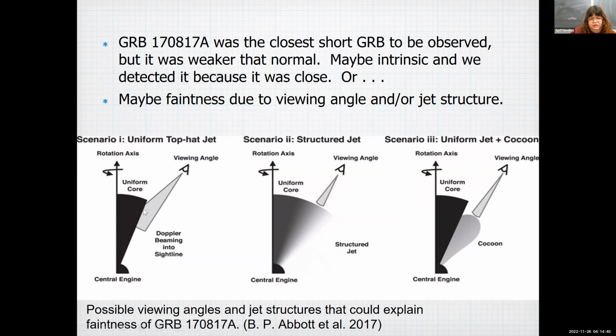Like, are we viewing the side of the jet instead of straight on? Is the jet more intense or denser at the center and not as much at the edges, and we're seeing the edge? Or could there be some material forming some type of cocoon around the jet and we're seeing that more instead?